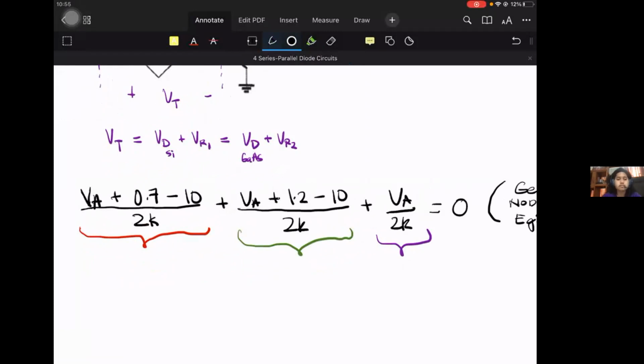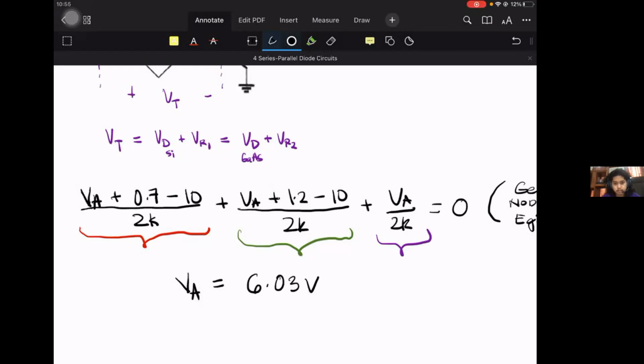So solving for VA, outcome ani is pila? 6.03 volts.